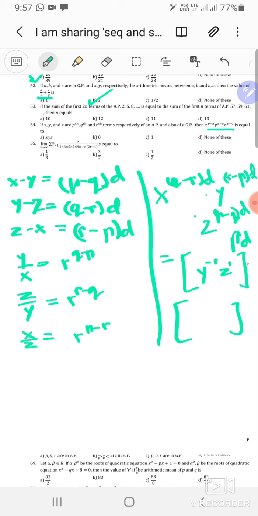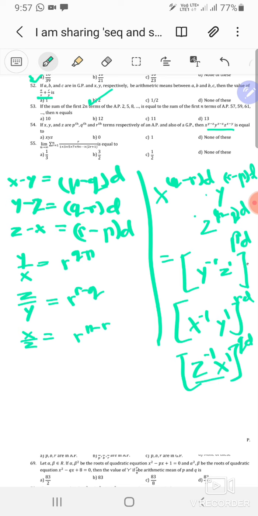What about r times the difference? For that, we have x raised to the negative 1 and y raised to the first power. Then for the remaining part, which is q times the difference, what do we have? We have z raised to the negative 1 into x raised to first power. Okay, fine.